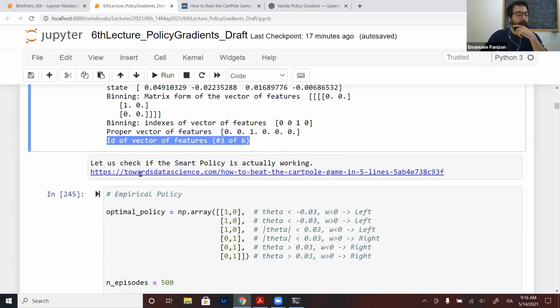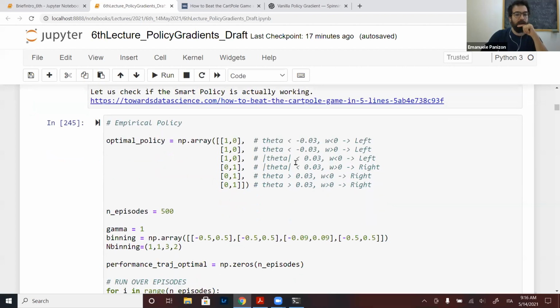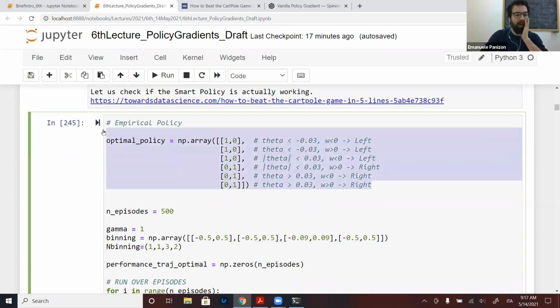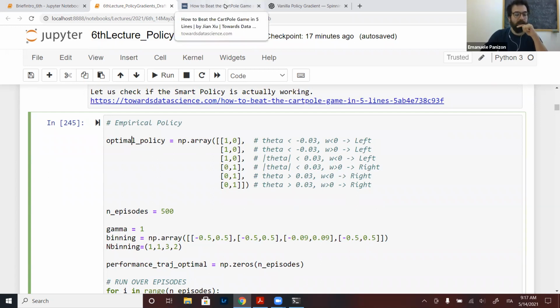Say. Okay, just to check whether the smart policy was actually working, because we will always try to achieve the same one. So now I will claim that it works, but we never tried to put it to the test. The empirical policy is defined by hand in this way. The reason is very simple.